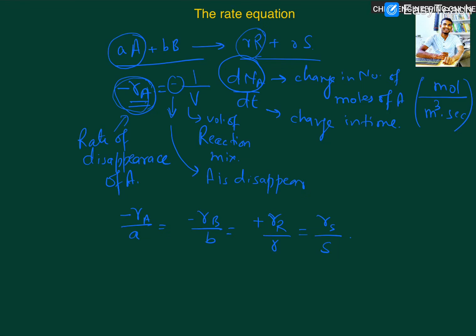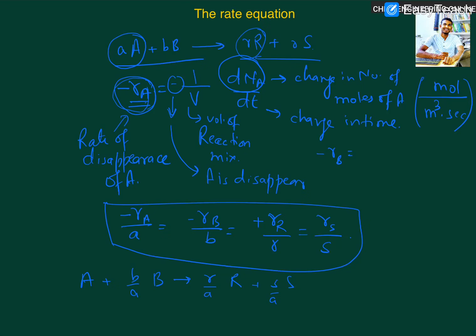Because if you write for each species, you will get this expression. I will show you how. We divide by a in all the equations on both sides, so this will become b by a, r by a, and s by a.